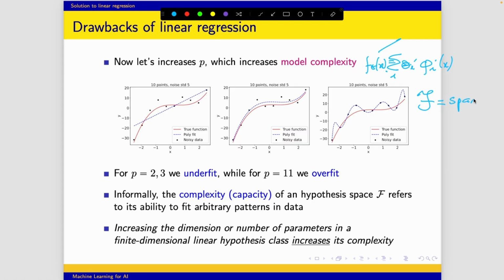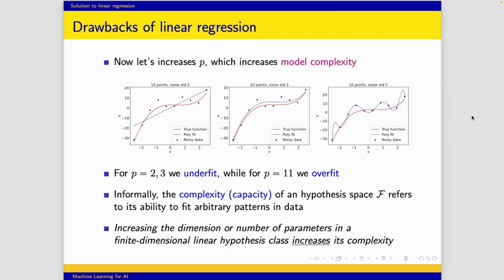It's the span, the linear combinations of a finite number of basis vectors, the span of phi 1 up to phi p. So we have a finite number of basis functions, and so this space is p-dimensional, where p is finite. It's constructed from the linear combination of only p basis functions, so it can have dimension at most p.